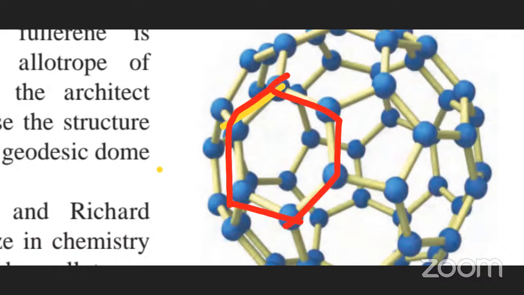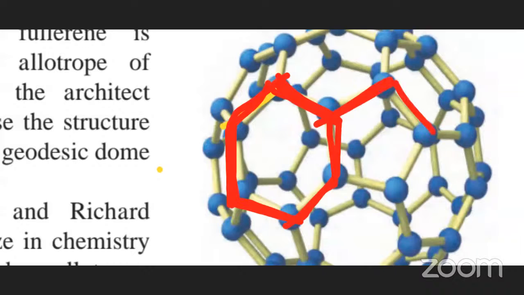Hexa means six, so this is a six-membered structure. This is a pentagon. Penta means five. This is a five-membered structure. Five corners, five sides. So this entire fullerene is made up of hexagons as well as pentagons. And the number of hexagons and pentagons in a particular type of fullerene is also fixed.